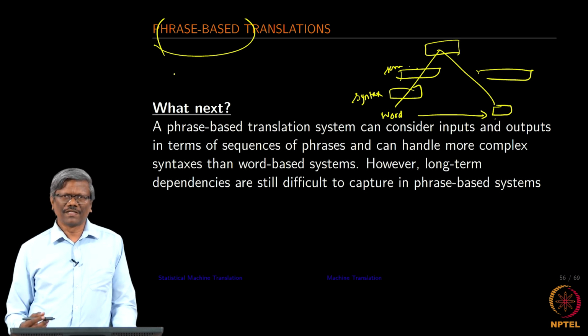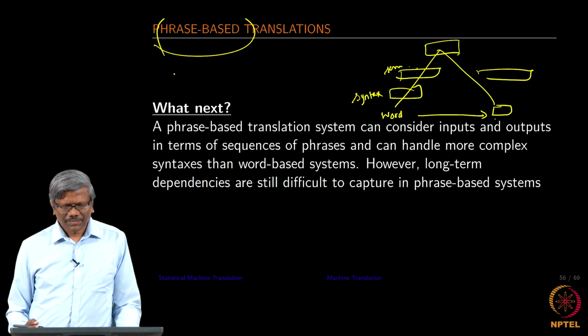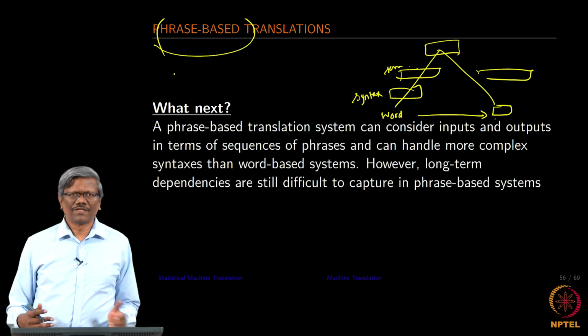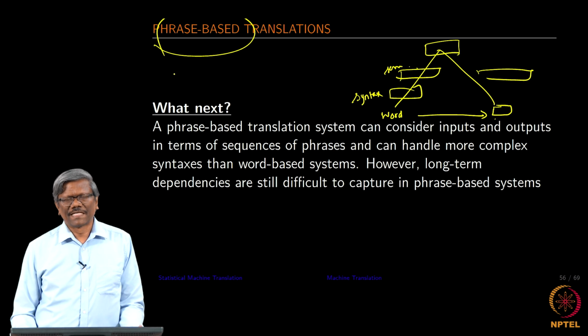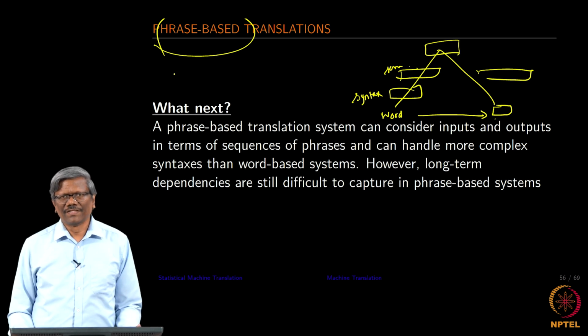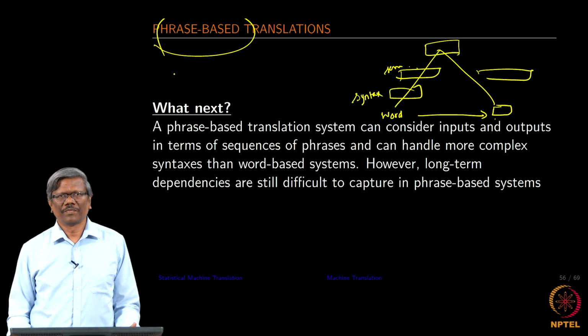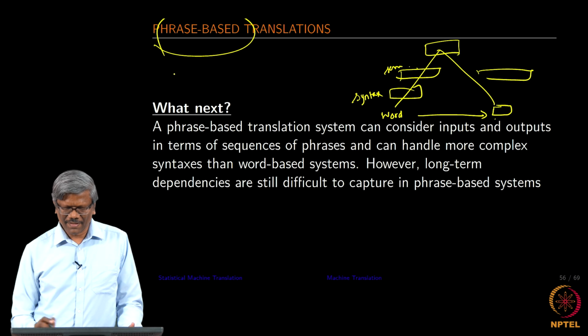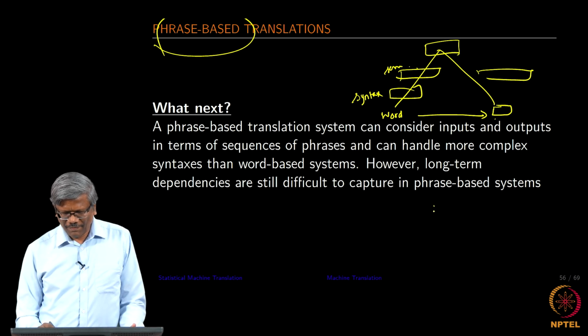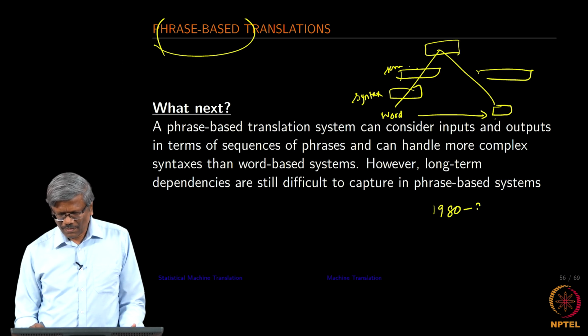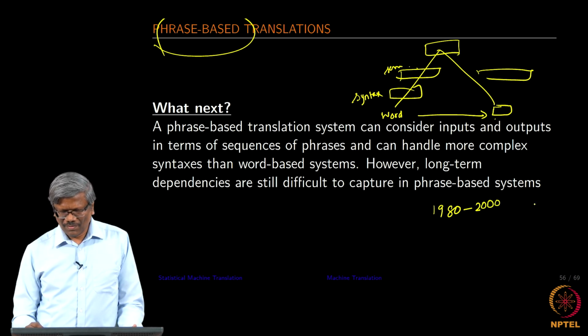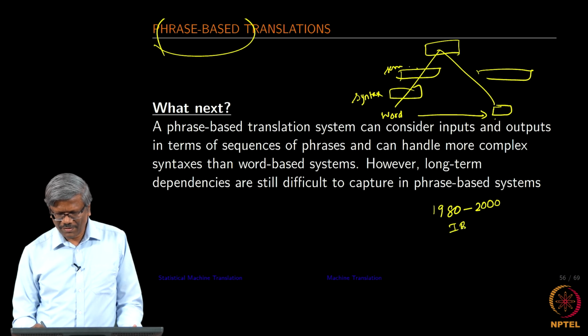So, in the next session we will talk about what is phrase based translation, and then later jump into the neural net models to see how translations can be achieved using neural networks. Especially if you look at this from the 1980 to early 2000, we had IBM models doing the job.